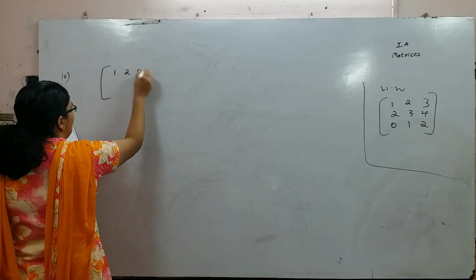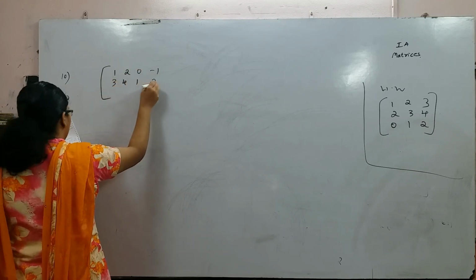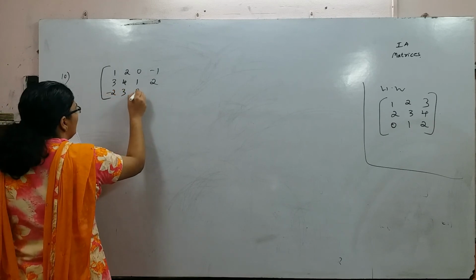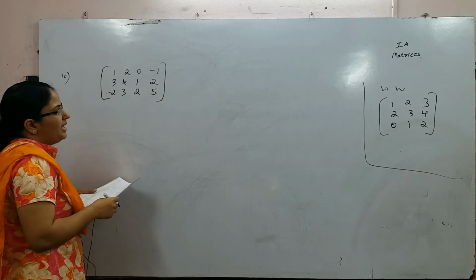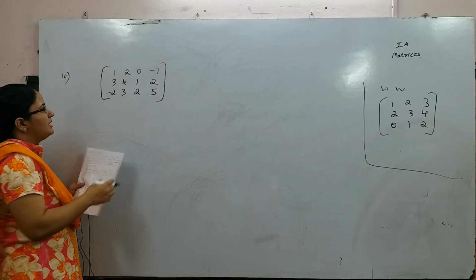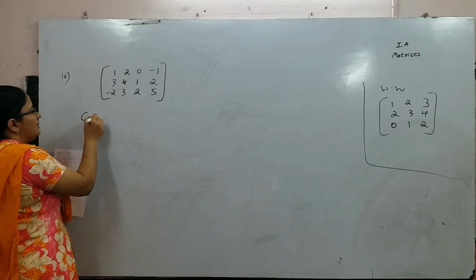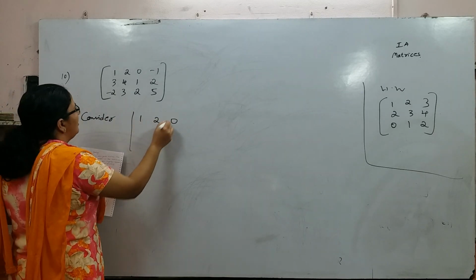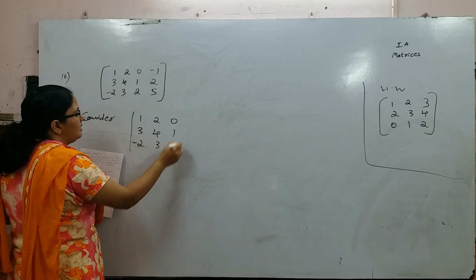1, 2, 0, minus 1, 3, 4, 1, 2, minus 2, 3, 2, 5. We have to find the rank of this matrix. For this we have to choose a 3 by 3 matrix. So consider first the determinant of 1, 2, 0, 3, 4, 1, minus 2, 3, 2.